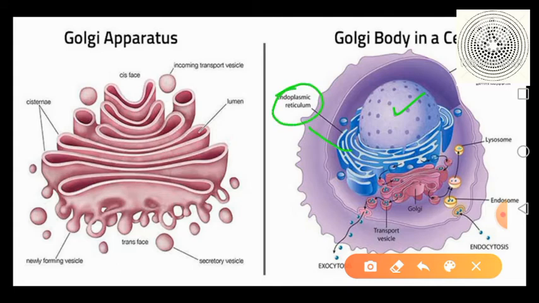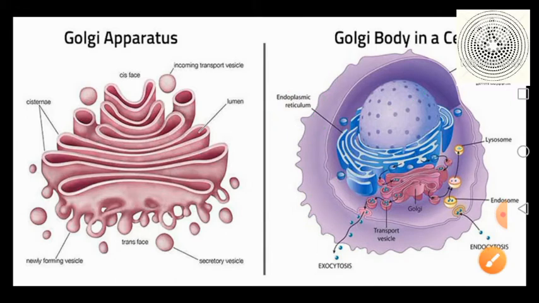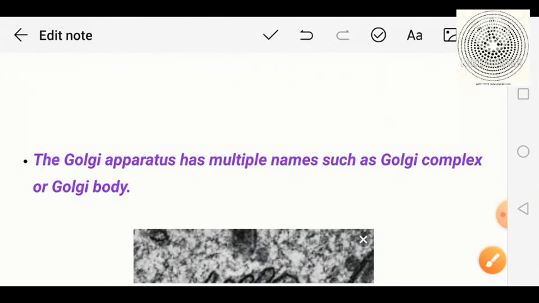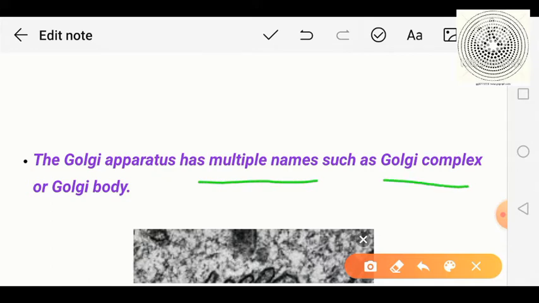This structure is the endoplasmic reticulum, and near the endoplasmic reticulum there is the Golgi complex. As I told you, it has multiple names: Golgi complex or Golgi bodies. There are so many names for the Golgi complex.